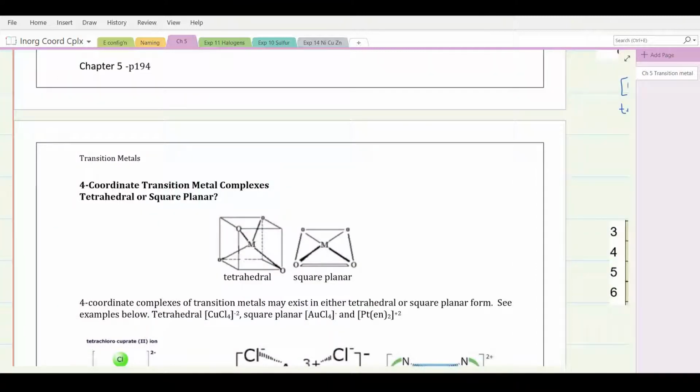Page 194. As we just explained, 4 electron clouds can get as far away as possible from each other if they adopt a tetrahedral arrangement. However, there actually are some 4-coordinate transition metal complexes that adopt a square planar complex.